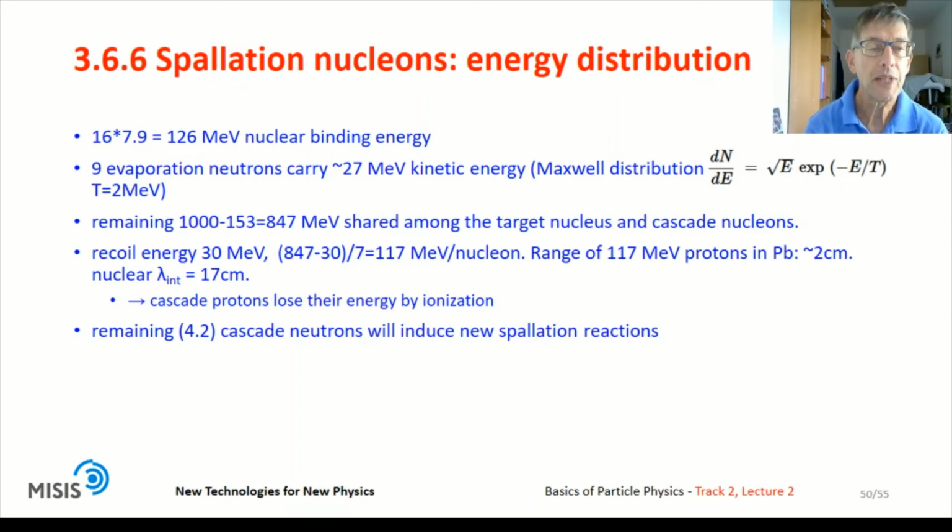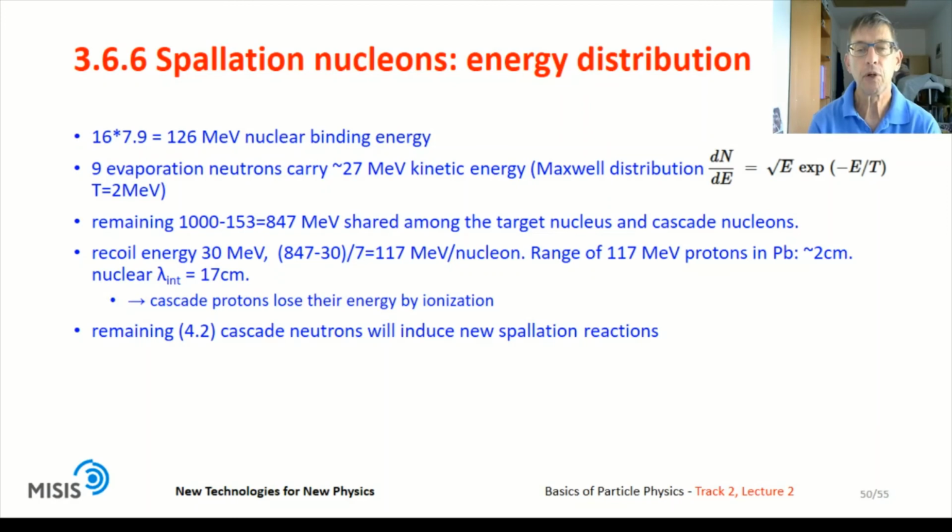That means that there's 847 MeV left over to share between the target nucleus and the cascade nucleons. The recoil energy will be 30 MeV, and so we're left with 117 MeV per nucleon.